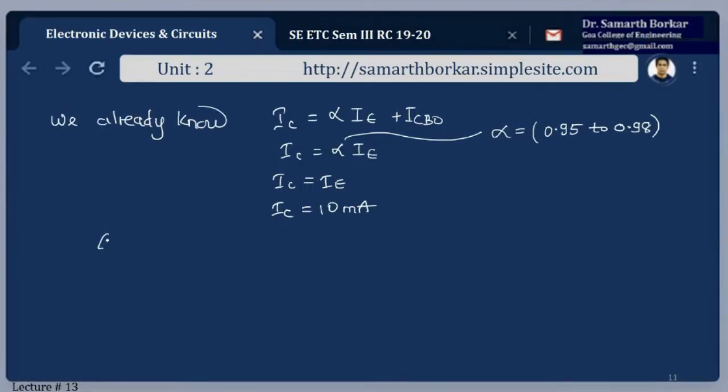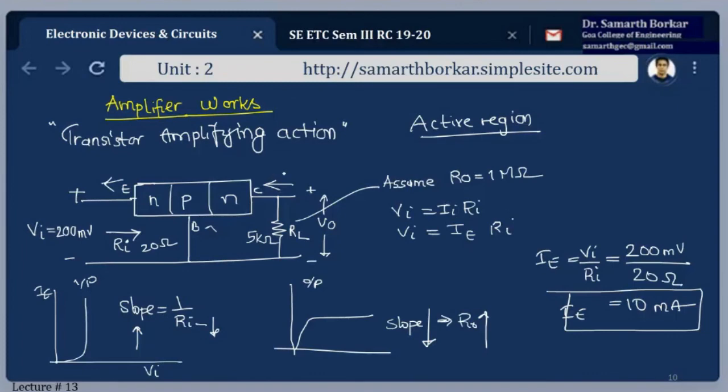So the output voltage V naught will be equal to what? The current IC passes through this wire.